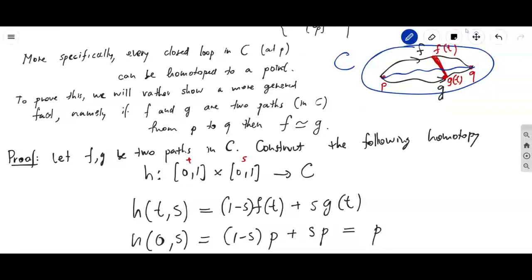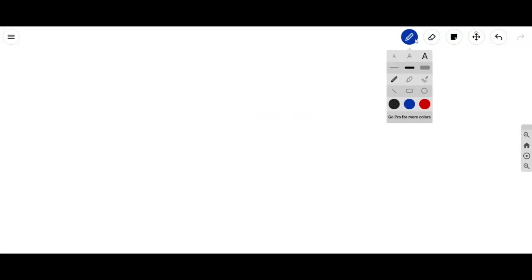So this is a nice fact to know, that if you have a convex region, then its fundamental group is going to be trivial, which is just another way of saying that all closed loops can be shrunk down to a point. Now here you have to be a little bit careful. Let me make a definition first.